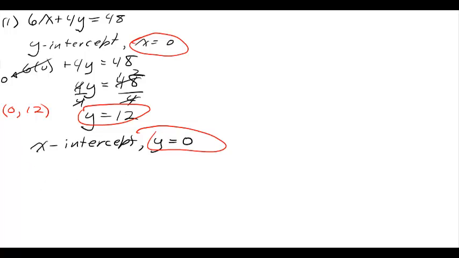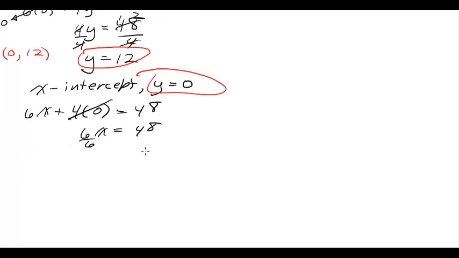So we're going to set y equal to 0, and that's going to make 6x plus 4 times 0 equals 48. That's going to cancel, and that's going to leave us with 6x equals 48. Divide both sides by 6. That cancels. 6 goes into 48 8 times. So we have x equals 8.